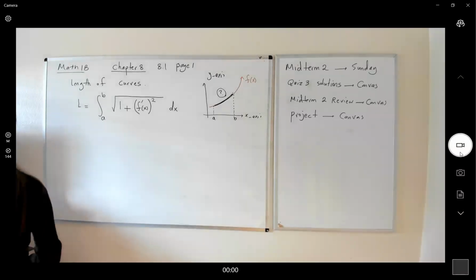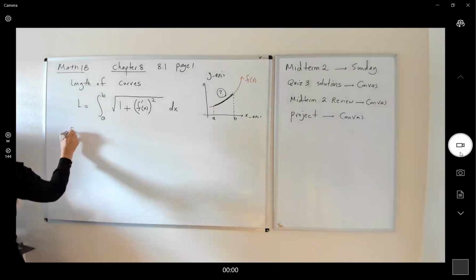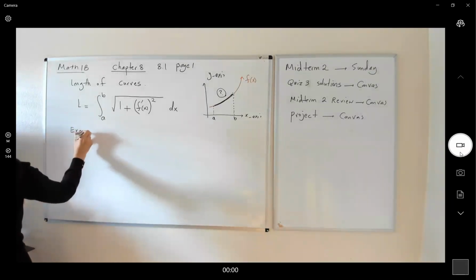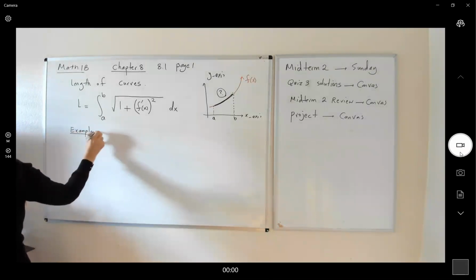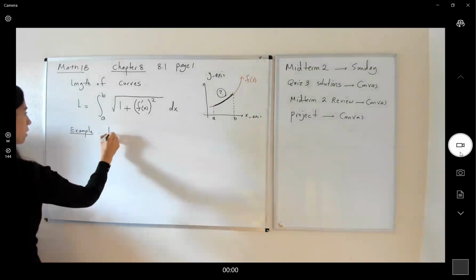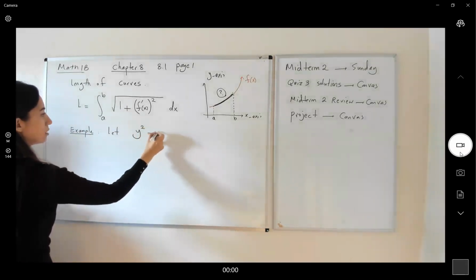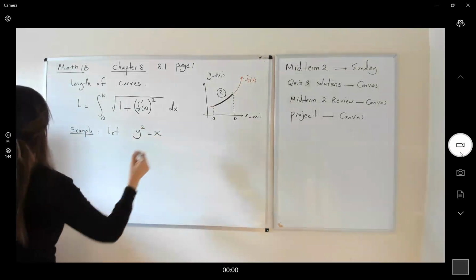So let's go over one example together. Example. Suppose you have the function y squared is equal to x cubed.